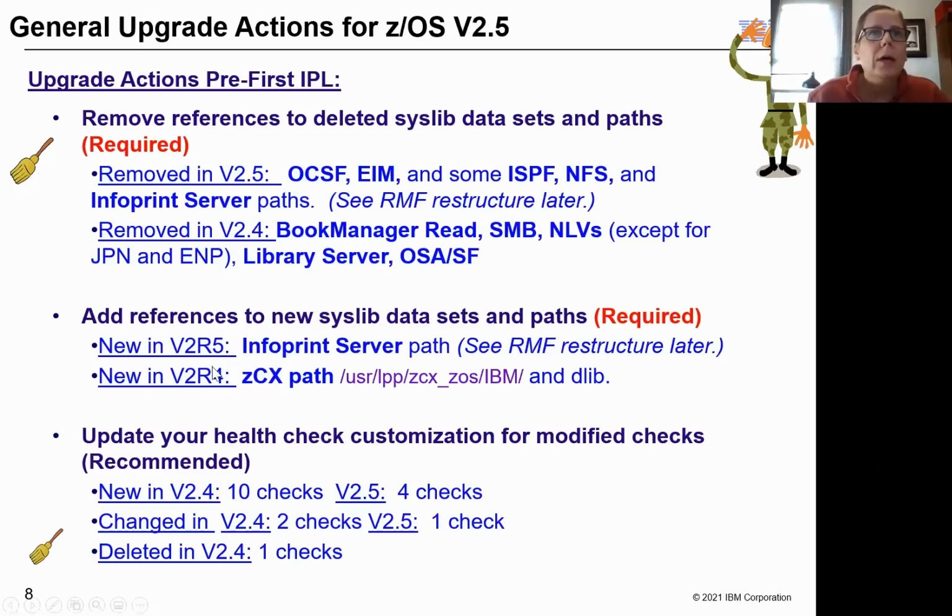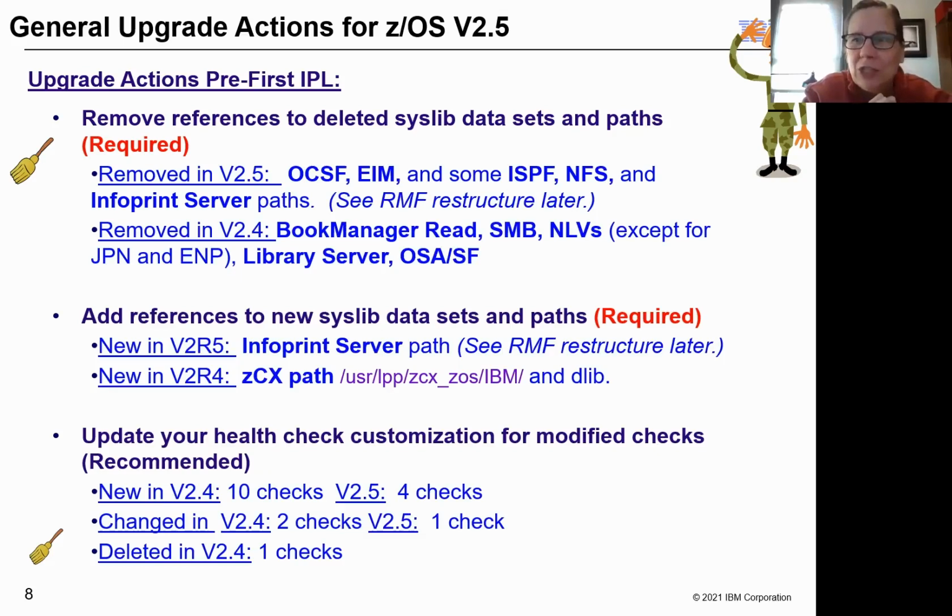New data sets, we've got a new InfoPrint server path added in zOS 2.5. And then we also had, remember, ZCX that was added in 2.4, and we have a new mount point and a new file system for that as well. Now for health checks, if you customize health checks and we customize health checks, our date is probably going to be higher than your date.